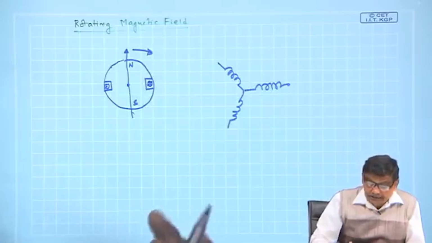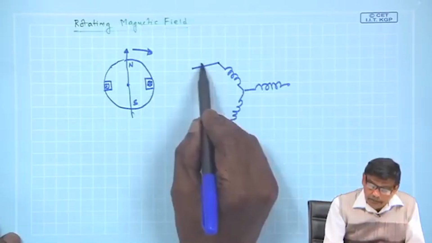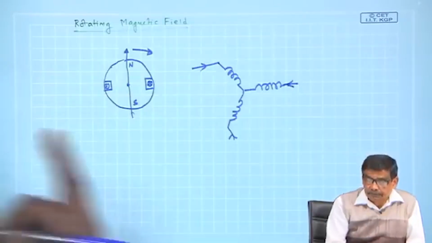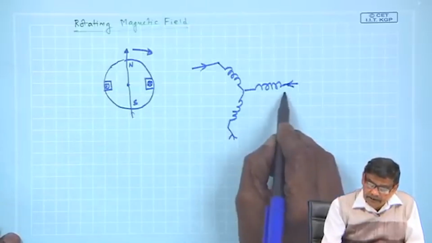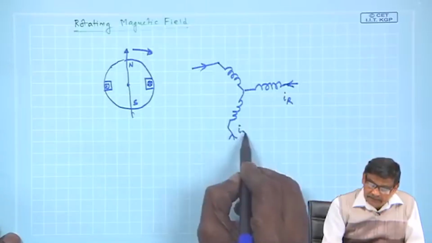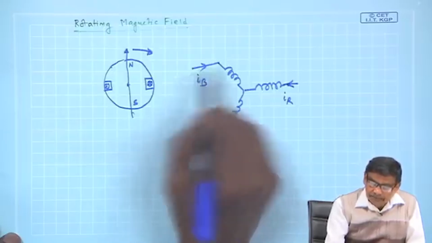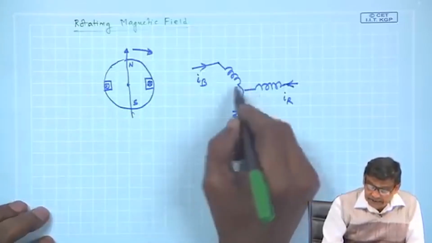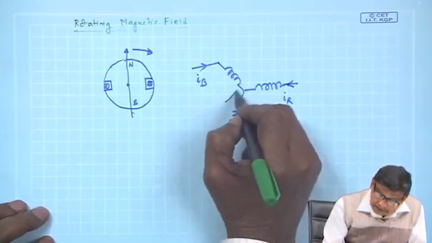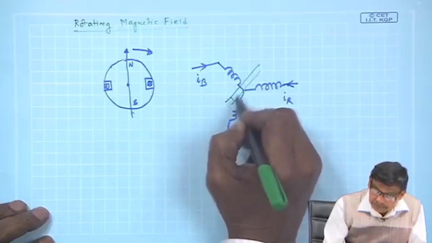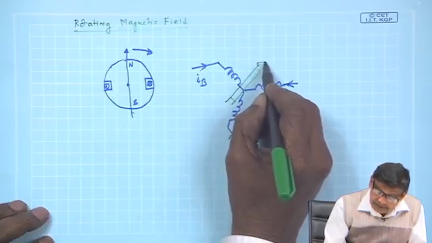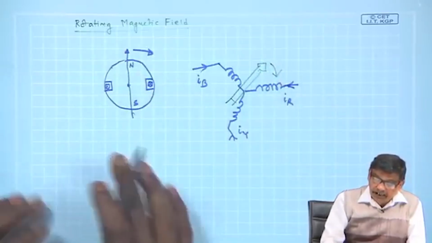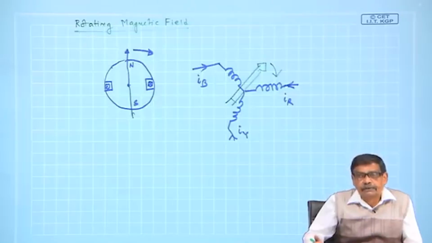The only thing he is asking is that you pass balanced 3 phase currents through these 3 coils, IR, IY and IB. If you pass them, then you have created a rotating magnetic field, equivalent to this, and the field will move while the coils are stationary.